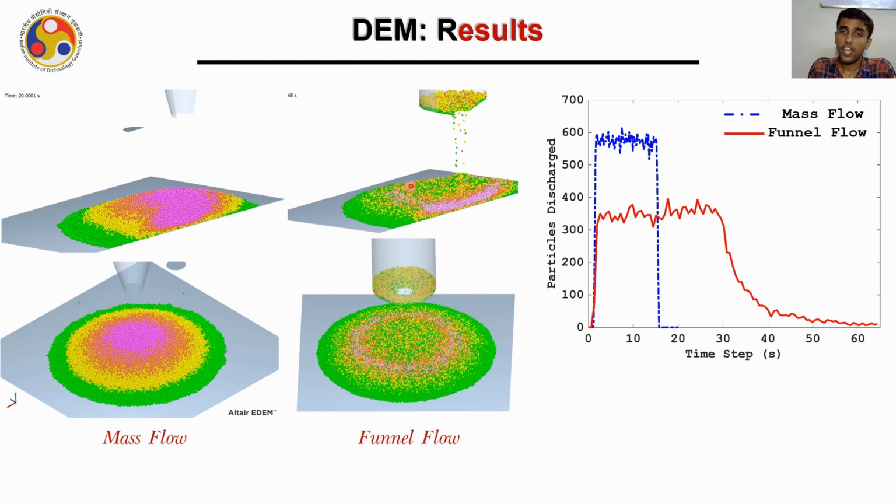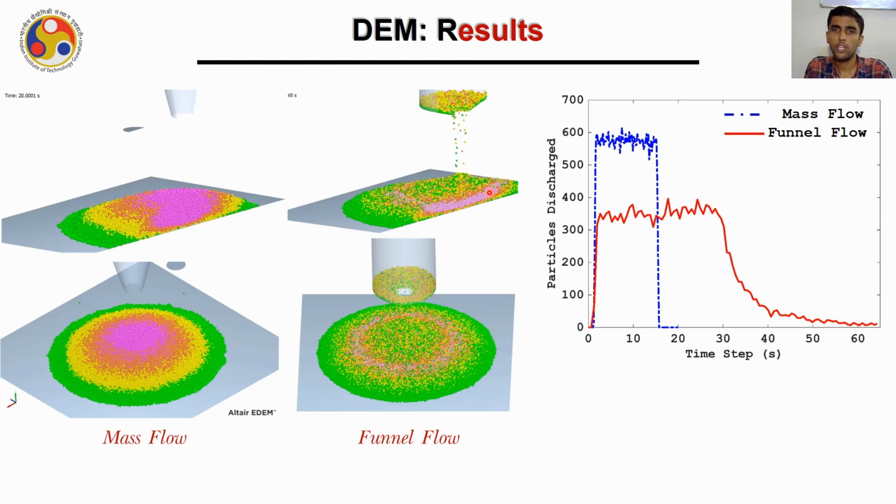However, in the case where the cone angle was very low, that is the case of funnel flow, you can see that for the first few time steps, the discharge was layer-wise. The green particles discharged first, but progressively the degree of mixing has increased. The particles amongst these layers have mixed. What is also surprising is that the pink layer, which was the topmost layer in the segments that we created, is buried inside this pile.